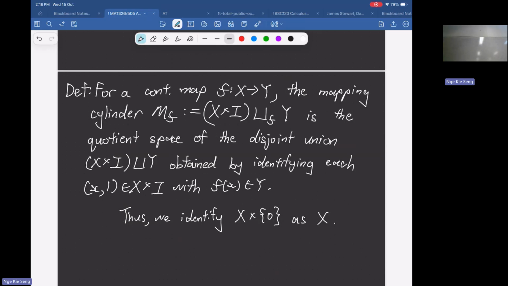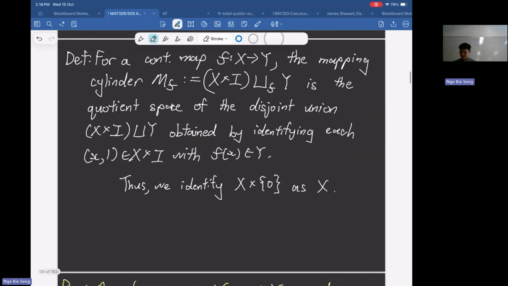You have a map, and you take the product between X and a unit interval, and then you glue with Y. How do you glue it? You glue the last bit of X cross I. When time equals 1, you glue all the (x, 1) into f(x). Can you imagine?